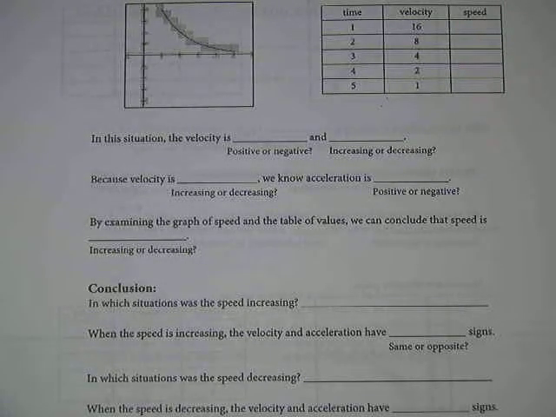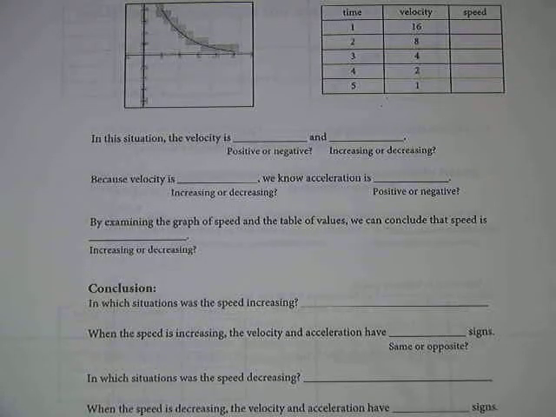So to come up with some generalizations here, when the speed is increasing, the velocity and the acceleration have same or opposite signs. Should be same. Again, you only got 4 situations. In both situations where the speed was increasing, the signs on the velocity and the acceleration were the same.